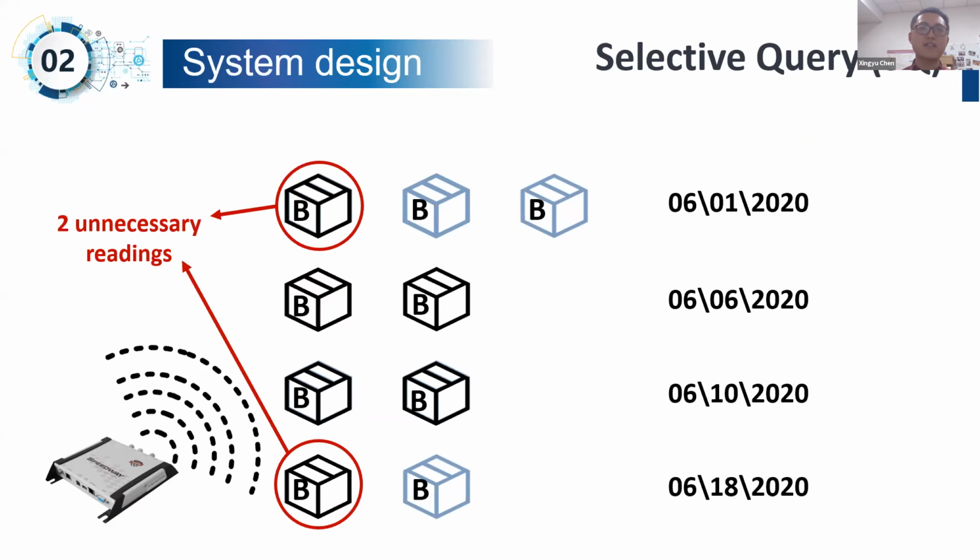Although selective query is very efficient, it's still worth noting that a selective query still needs 2 redundant readings when silencing the tags in group 1 and group 4. If we can remove the 2 readings from the collection process, the time efficiency will be further improved.